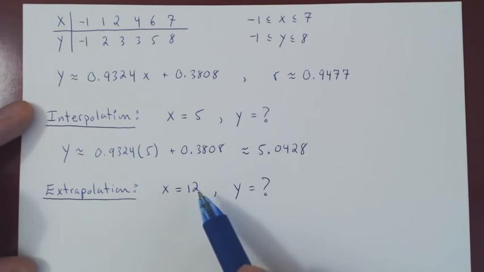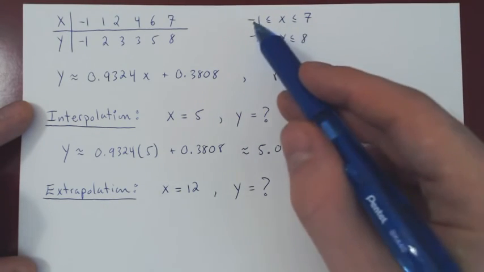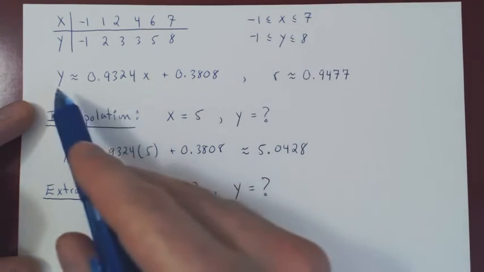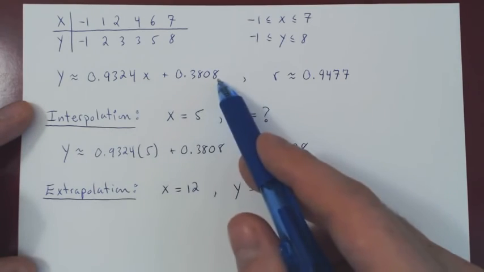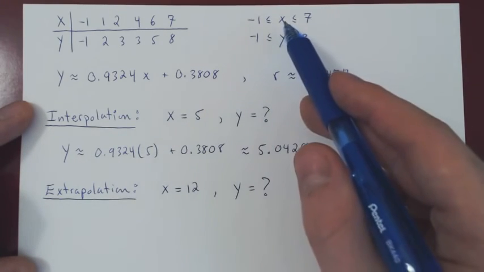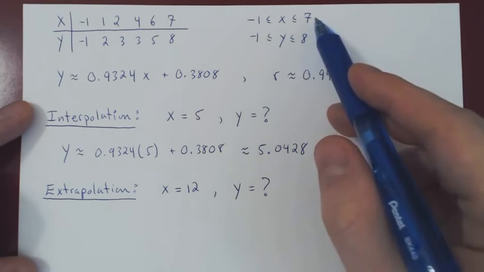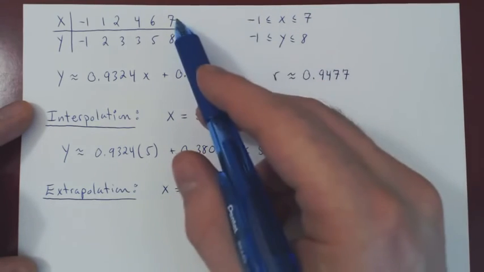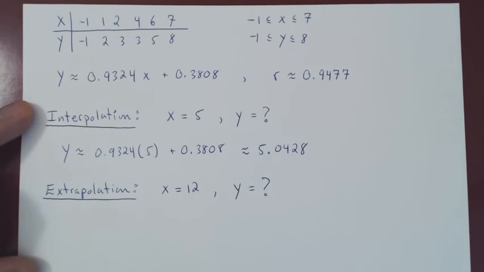And you might ask, well, why? Well, we've only gathered data for x between negative 1 and 7. So all we have right now is evidence of a strong linear relationship between x and y as long as x is between negative 1 and 7. But there is no guarantee that above 7 and below negative 1 this strong linear relationship still holds. It may break down.